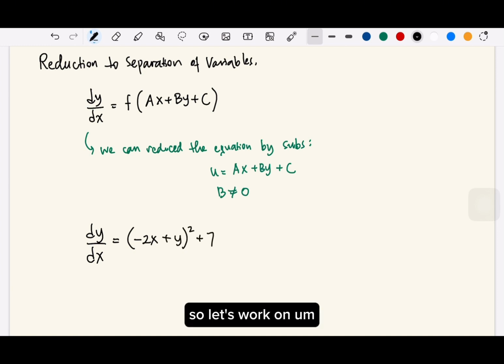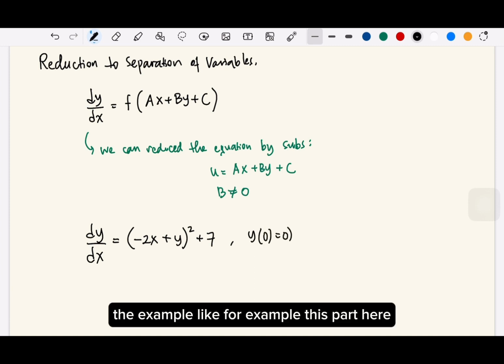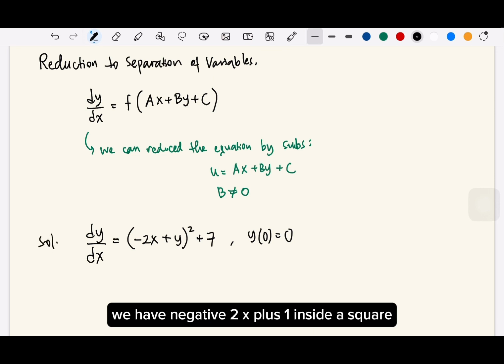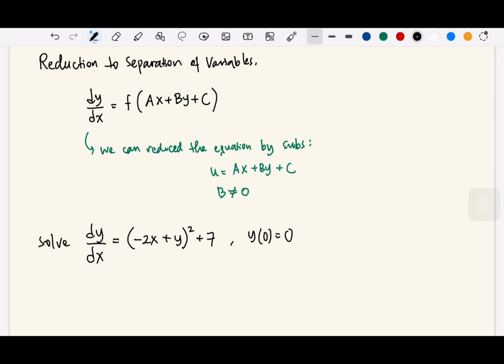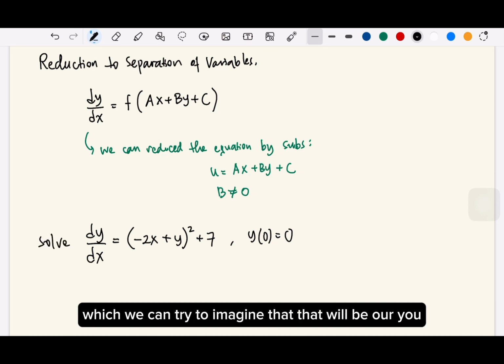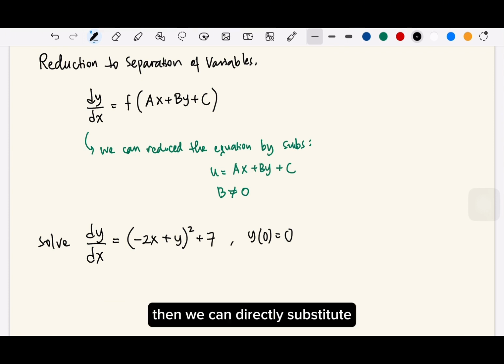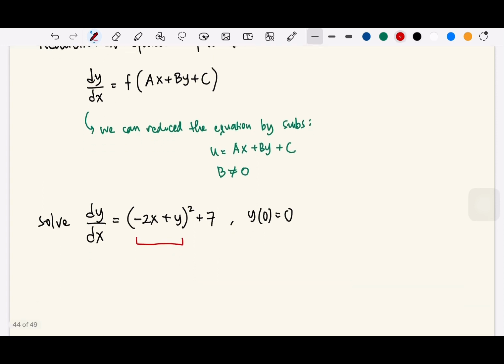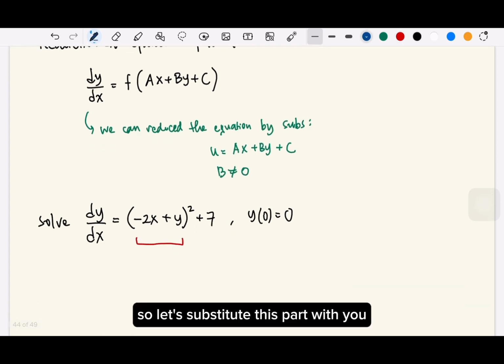So let's work on an example. For example, this part here, we can see that we have negative 2x plus y inside a square, which we can imagine will be our u. Then we can directly substitute. Okay. So let's substitute this part with u.